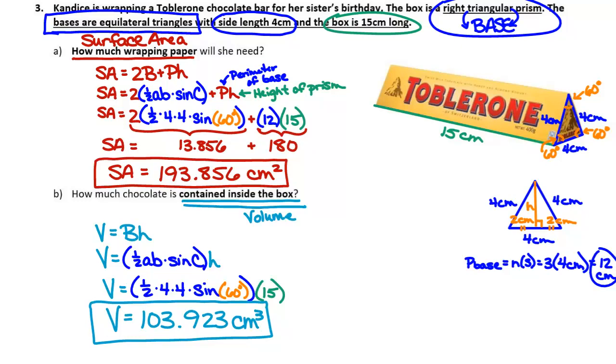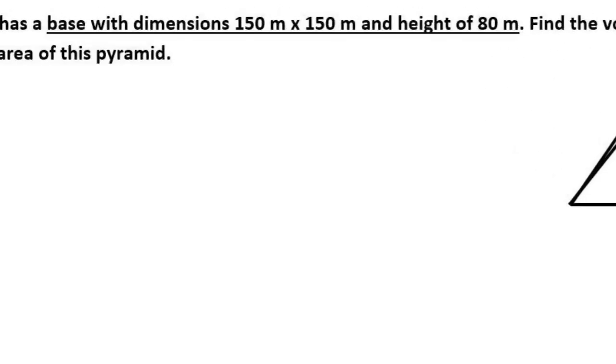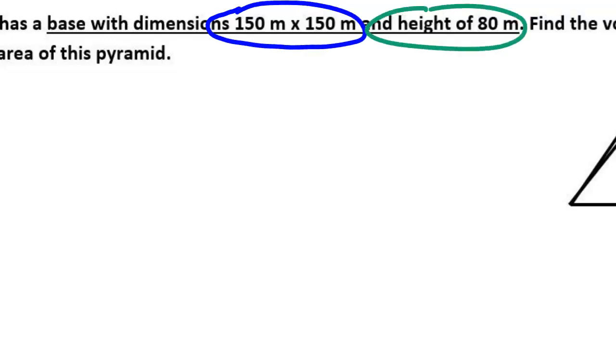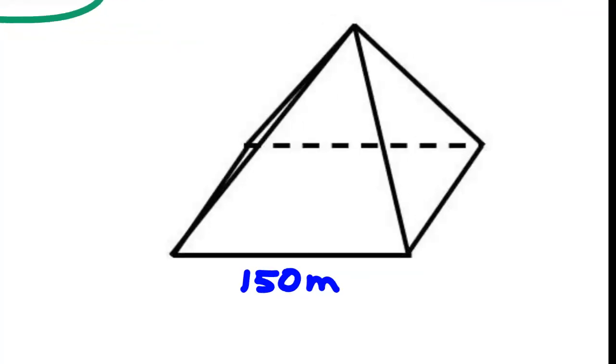You did plus, not times. What else do you guys want to see? Number 4? Absolutely. A pyramid in Egypt has a base with dimensions 150 meters by 150 meters and a height of 80 meters. So this is 150 meters.